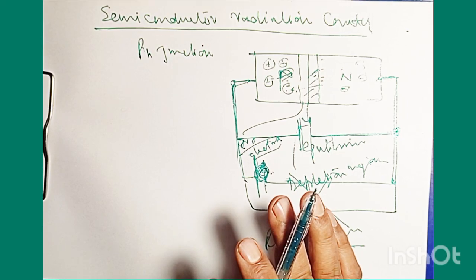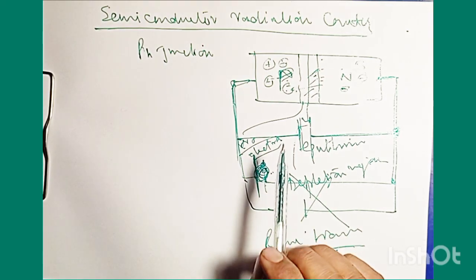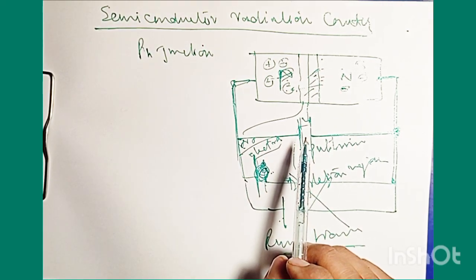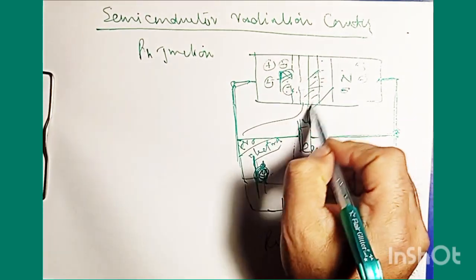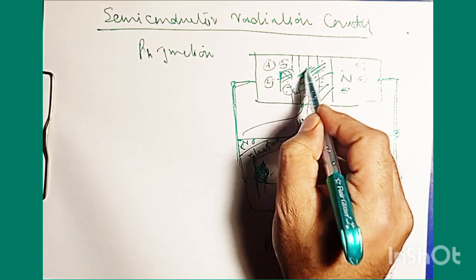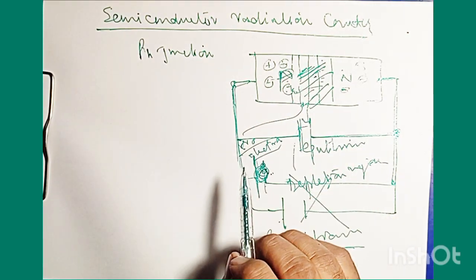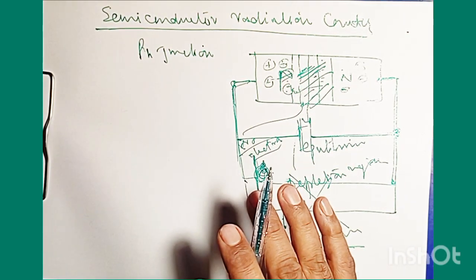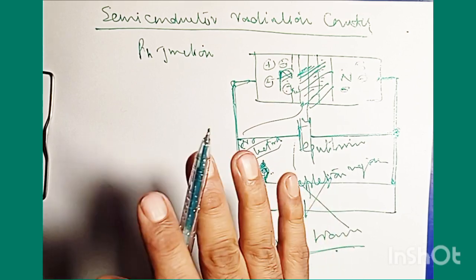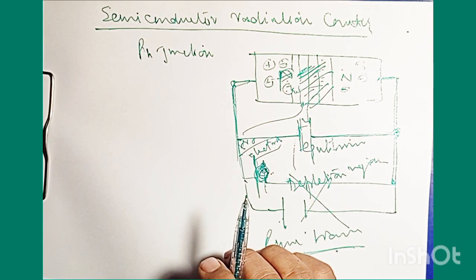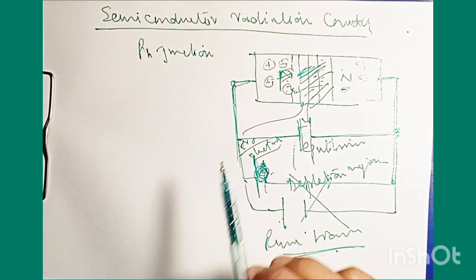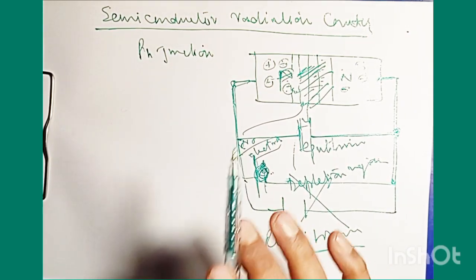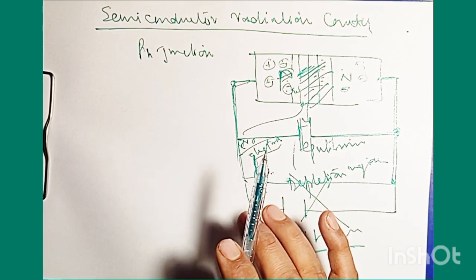So the thickness of this depletion layer will certainly increase on reverse biasing the polarity of this p-n junction. This p-n junction should be suitably doped.